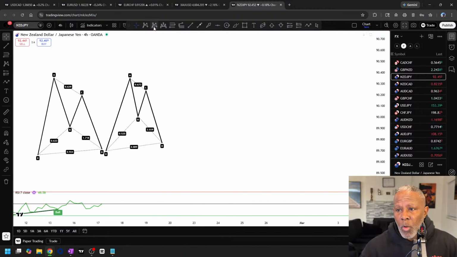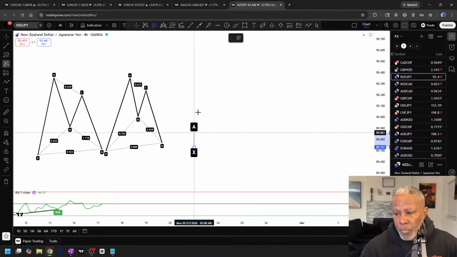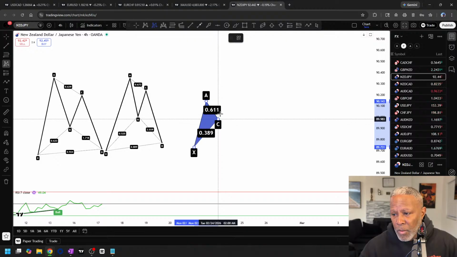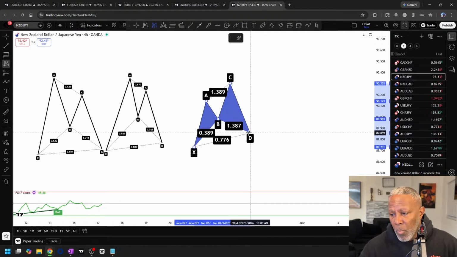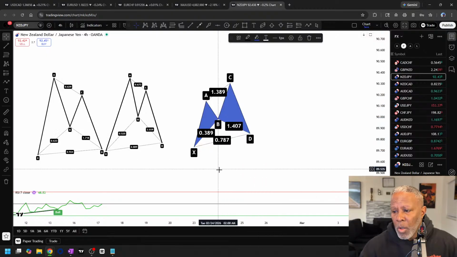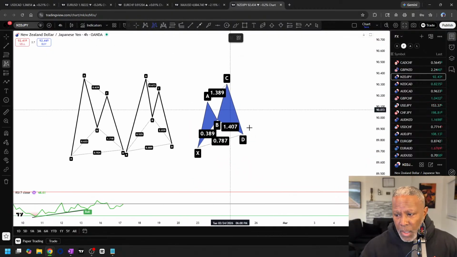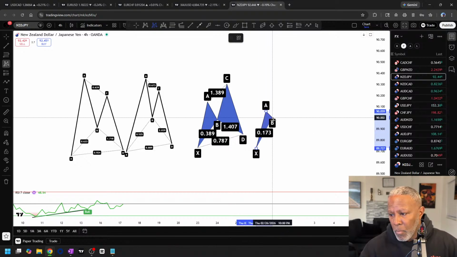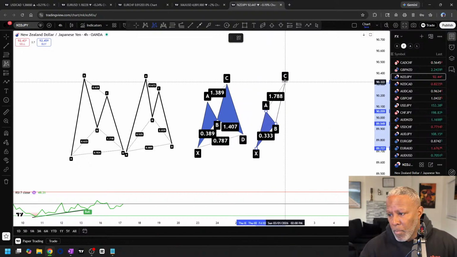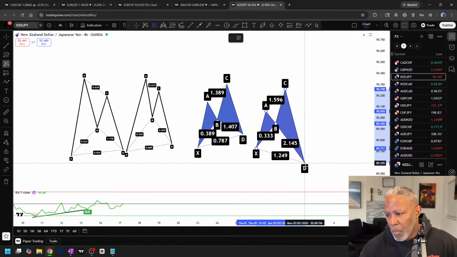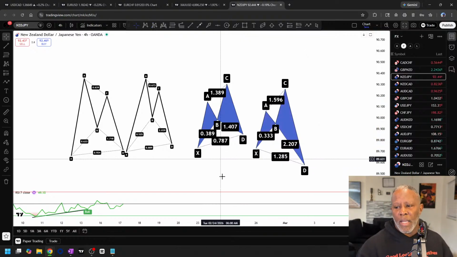While Shark and Cipher, here's Cipher first. Shark and Cipher are in a completely different family. That's the easiest way I can explain it to you.